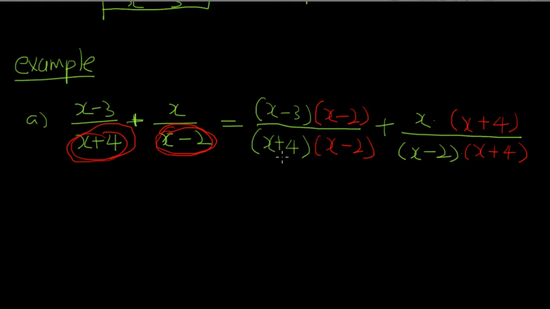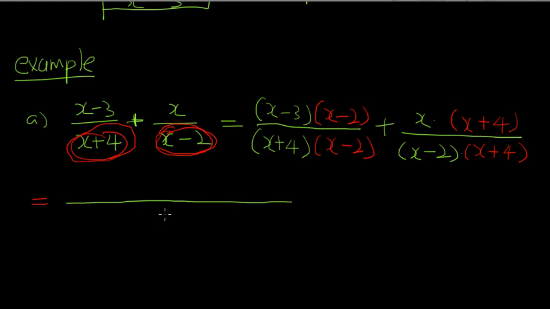Now we have x plus 4, x minus 2. This has been switched. Same thing though, right? We have the common denominator. Now that we have common denominator, we can combine these two, right? We can combine these two.